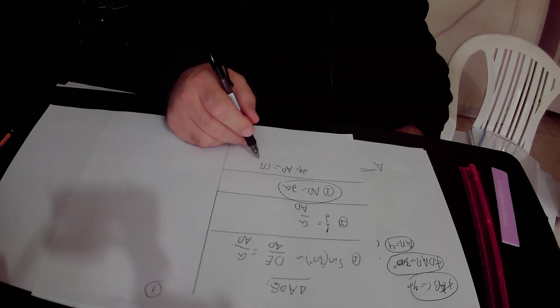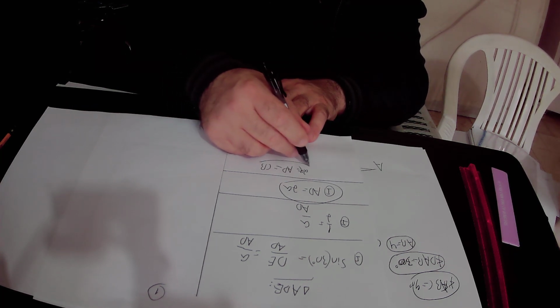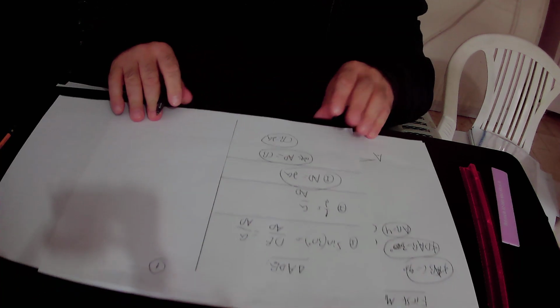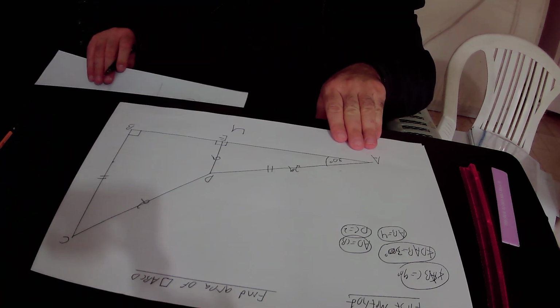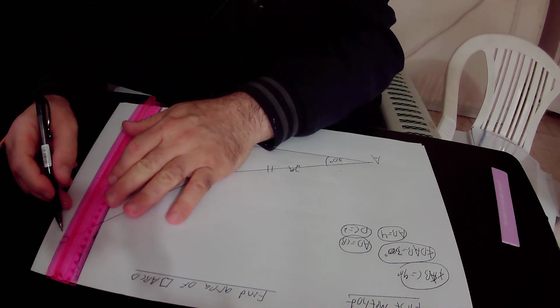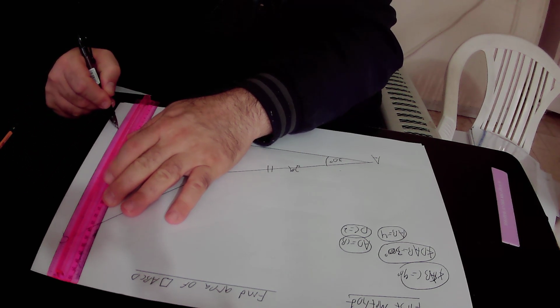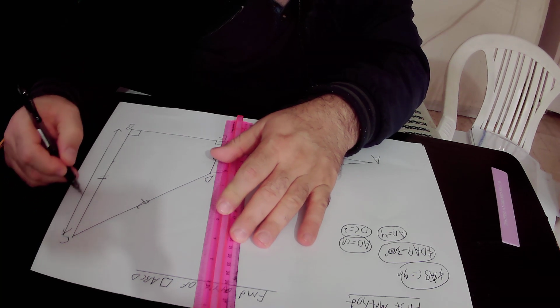So from this equation we will derive that CB also equals 2A. So here we can write down that CB equals 2A.